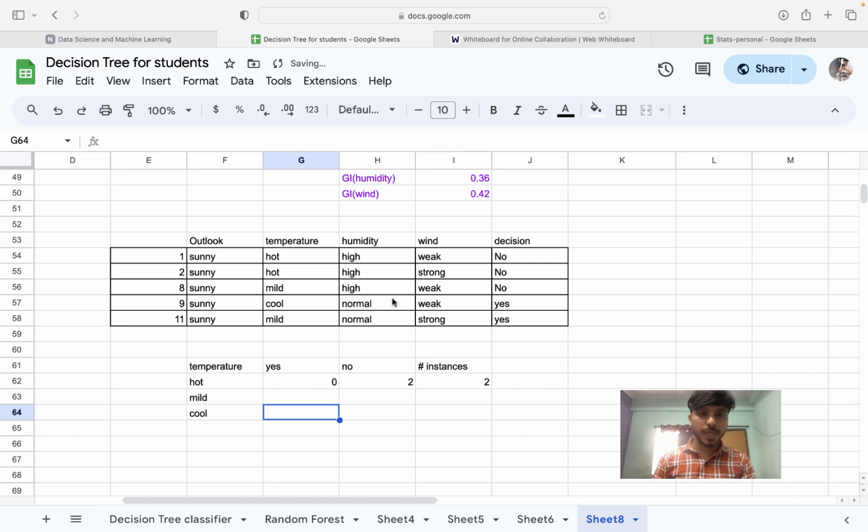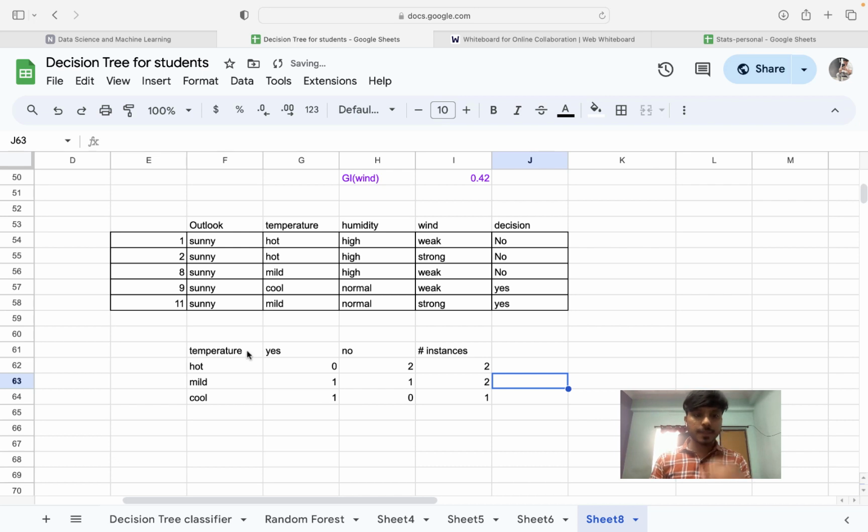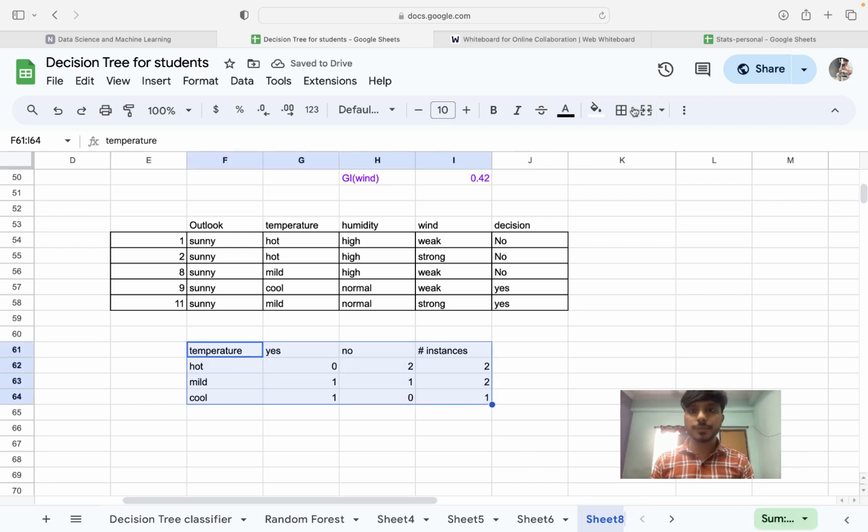When it is mild, 1 yes and 1 no, so total is 2. Then cool has only yes, 1 and 0, total is 1. So this is the small table that I have created.